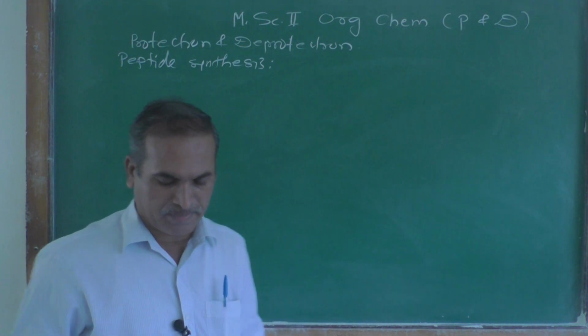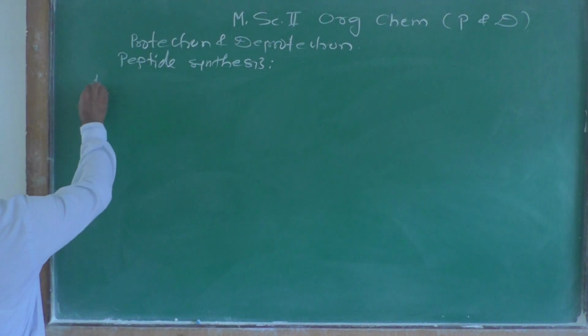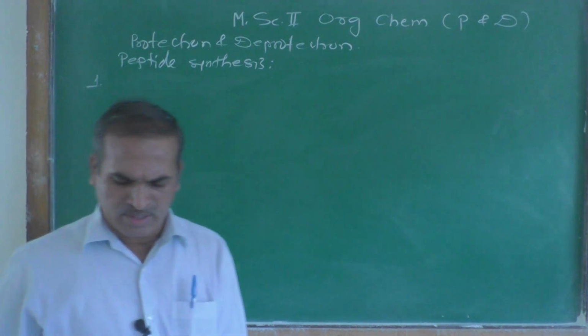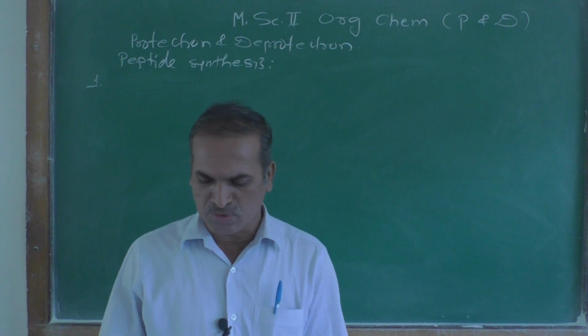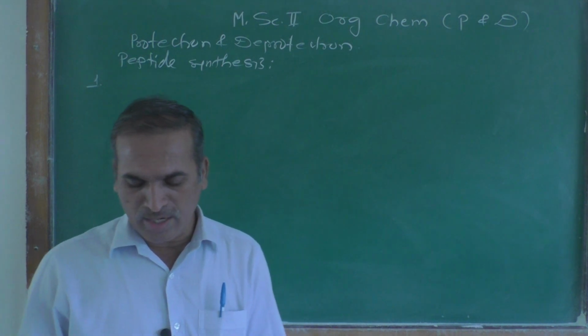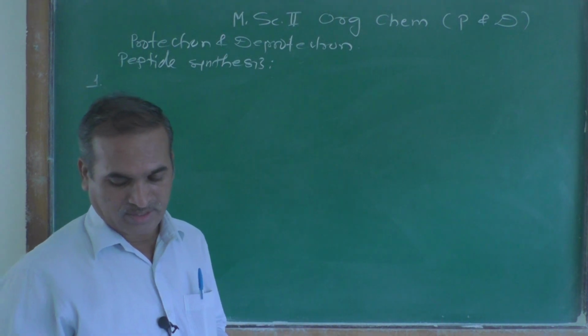Let us see step number one. Step number one is called the protection of the COOH group of the first alpha amino acid.